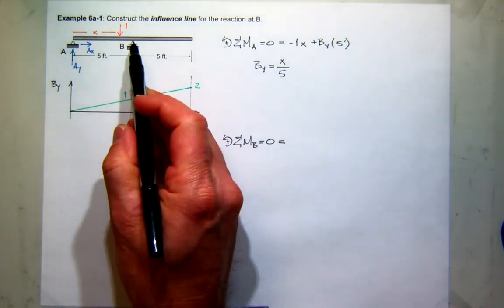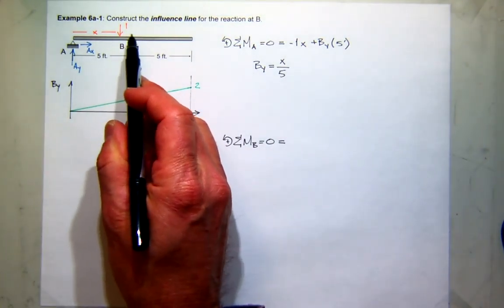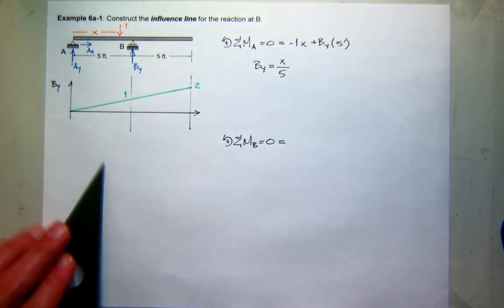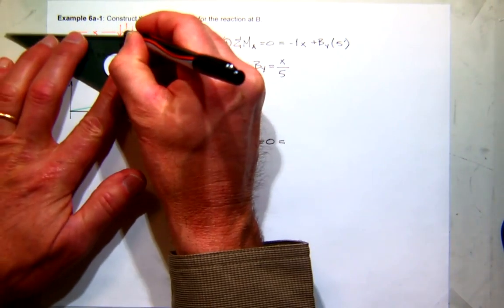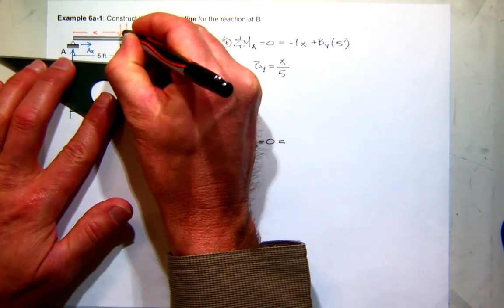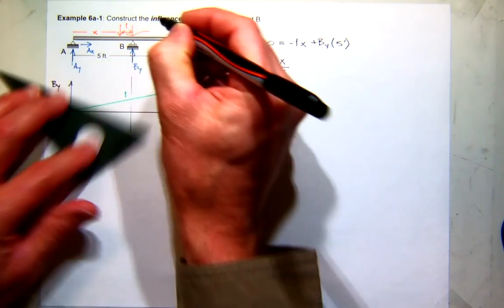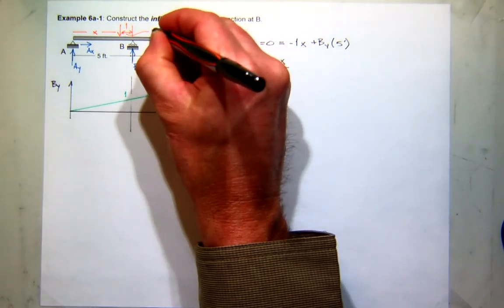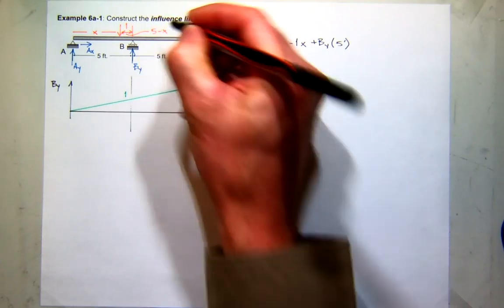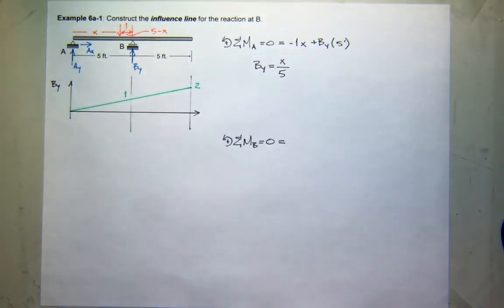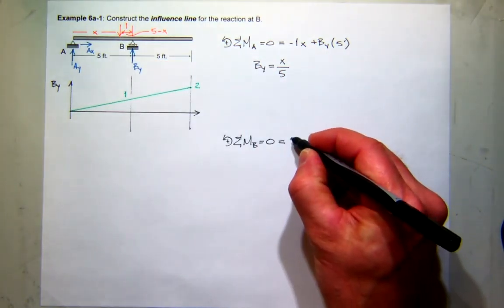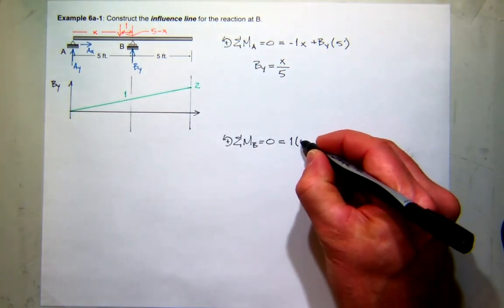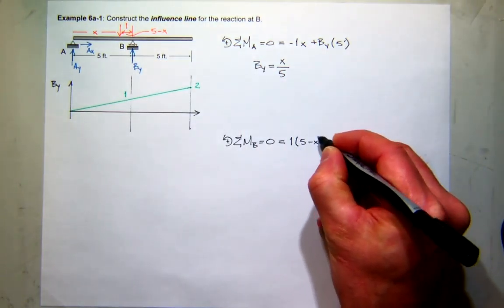So summing moments about B, what do we have? Well, you're going to have to get a little bit of something different here. What is this little distance right here? 5 minus x. So now when I sum moments about B, this unit load creates positive moment with the moment arm of 5 minus x.